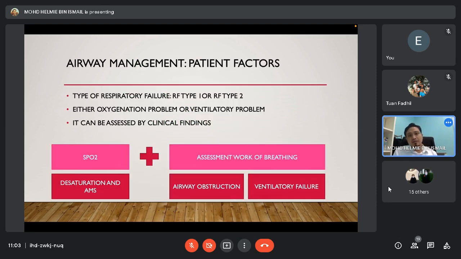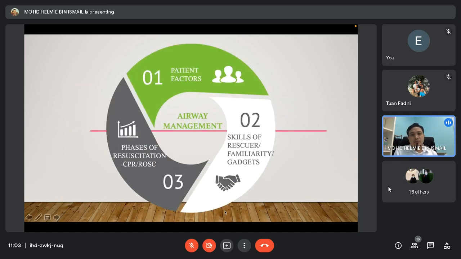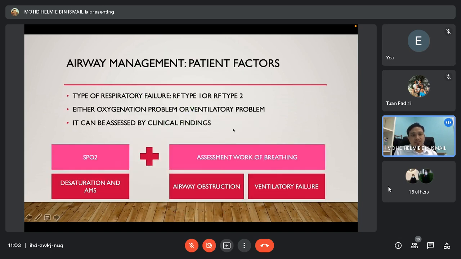So the airway management, when we talk about patient factors, we have the type of respiratory failure, which is type 1 and also type 2. When the patient has an oxygenation problem only, we need to give supplemental oxygen to this patient.